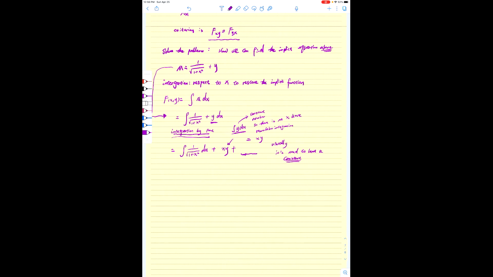So in the beginning, we know that we have an implicit function, which is f(x,y), and we do the integration with respect to x.